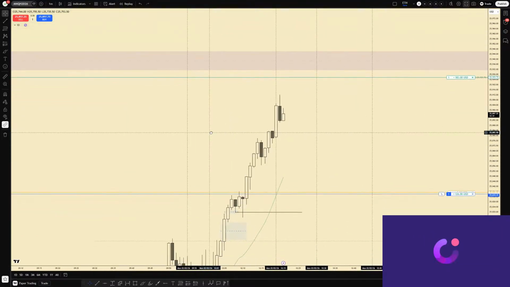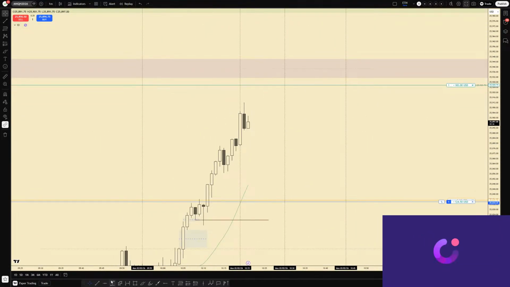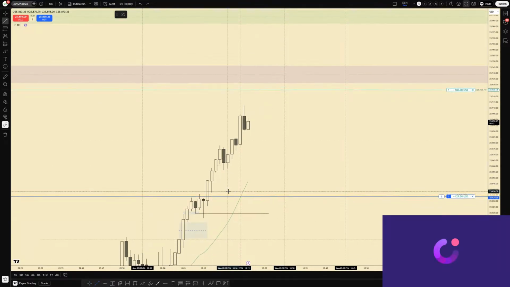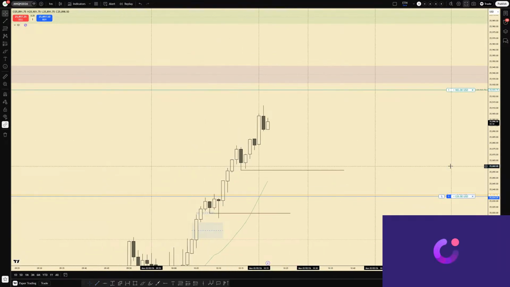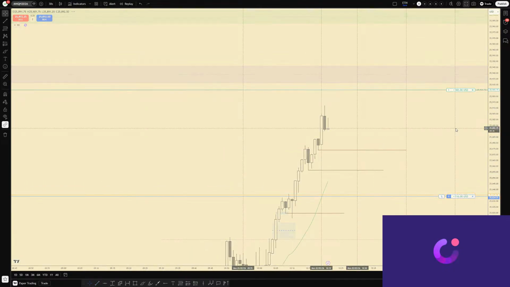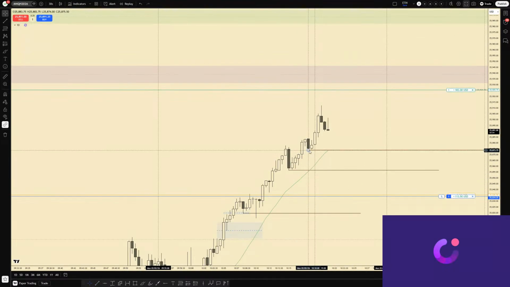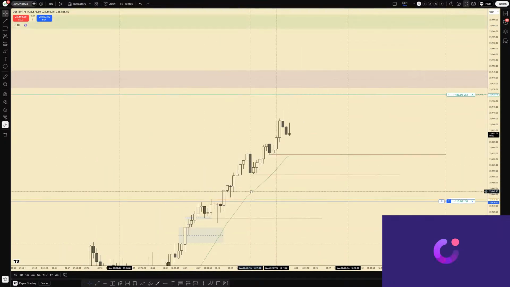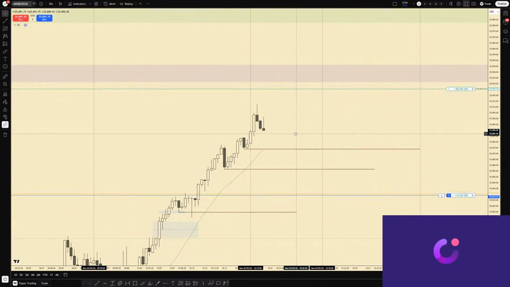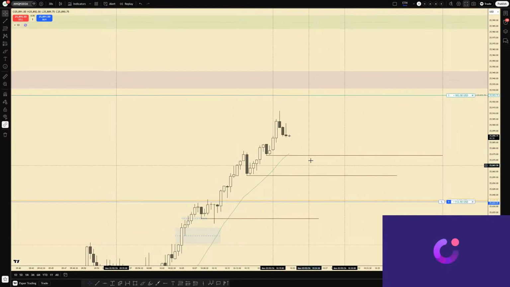So I see a momentum here, and I see some lows over here. This is the 30-second type low, and this is another low. And I don't want to stay inside of a big, deep retracement, okay?